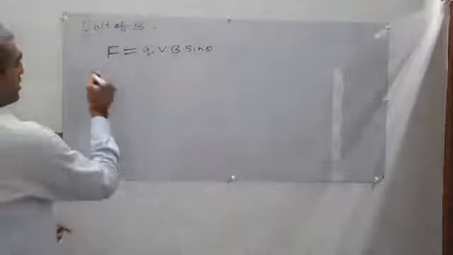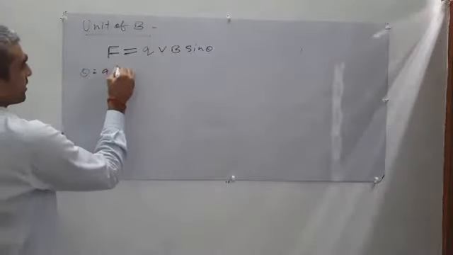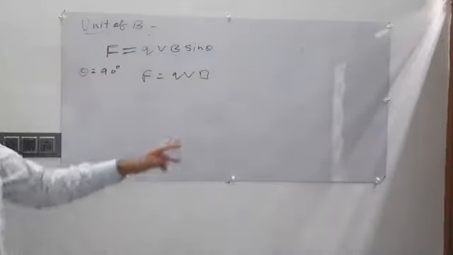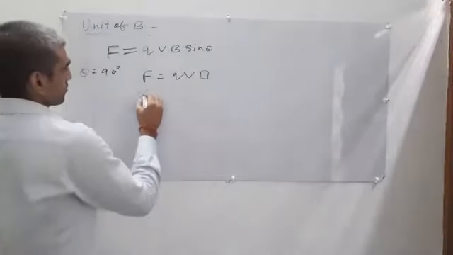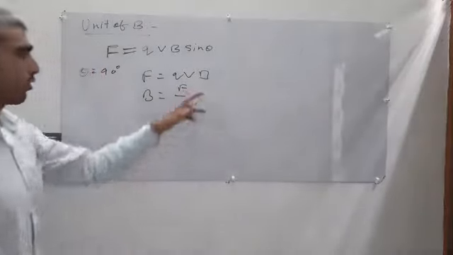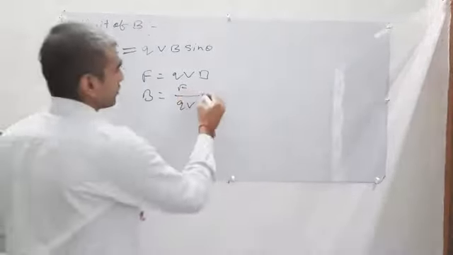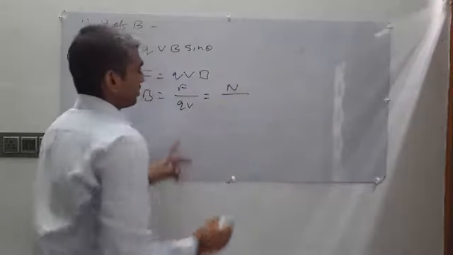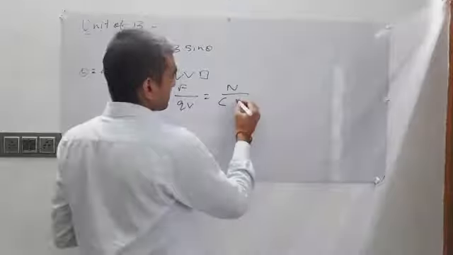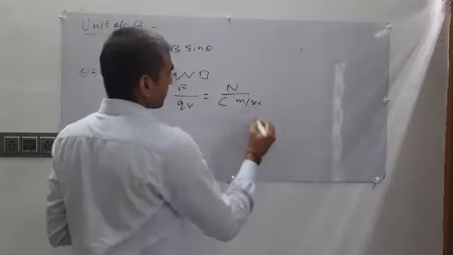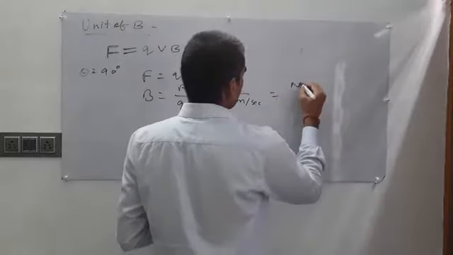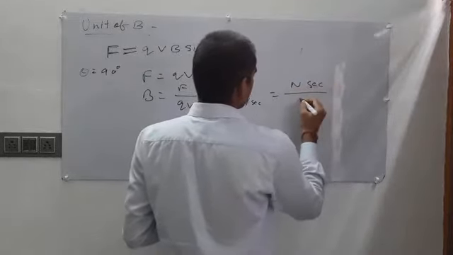That means if we put theta equals 90 degrees, then our force becomes QVB. Now, B equals F upon QV. What is the unit of force? Unit of force is Newton. Unit of charge is Coulomb, and unit of velocity is meter per second. That means the unit of magnetic field is Newton second upon Coulomb meter.